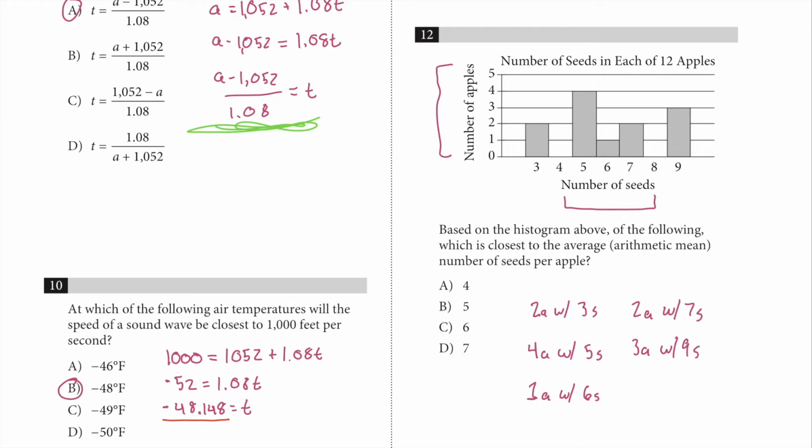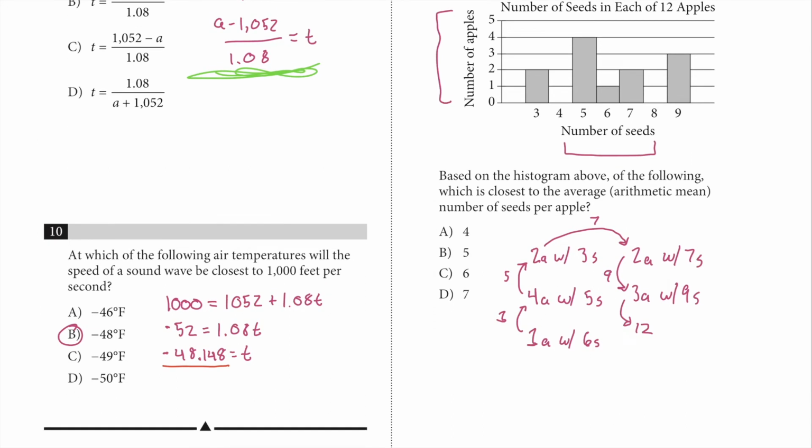And then we'll divide by, we have 2, 6, 7, 9, 12 apples. So divide by 12. And that's approximately 6.083 repeating, which is closest to 6. Our answer is C.